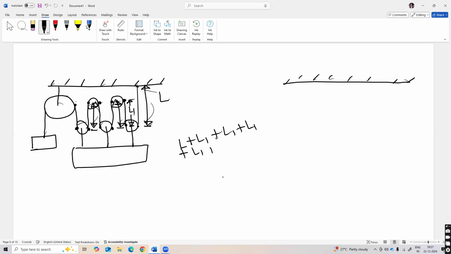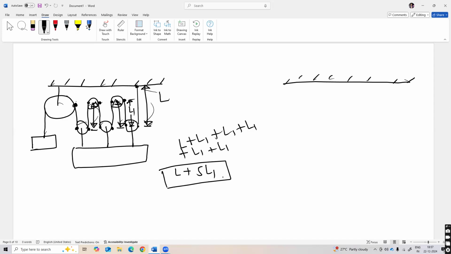So how much is the length of the rope? Initially it is L plus 5L1. This is the initial length of the rope.